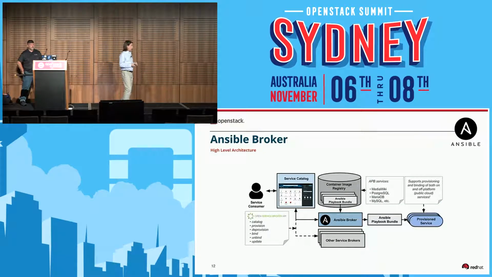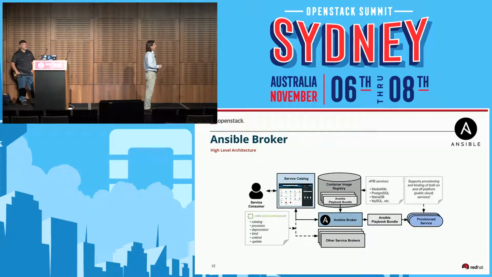So here's the architecture. This is the layout of how everything works. We start with the service consumer over here, who provisions a service from the service catalog. The service catalog then talks to the broker. The broker then gets the container image. Again, these are different APBs; we're just showing some examples here.